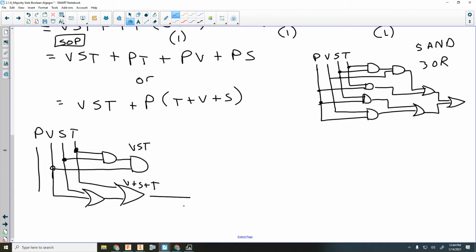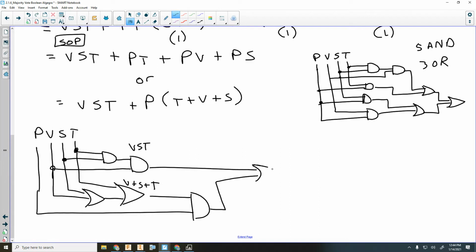But then I need to AND that with P. B or S or T, ANDed with P, and then ORed with the other one. For my decision, right? Of course, it lights up when we have a yes. So, if we look at that, what's that?